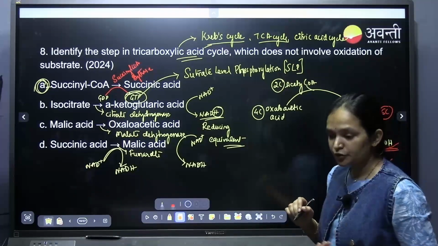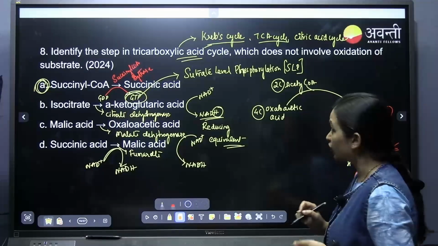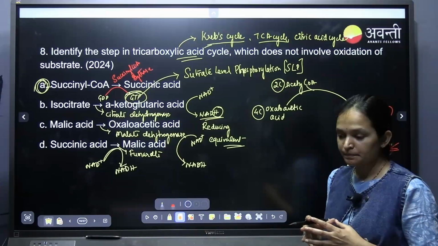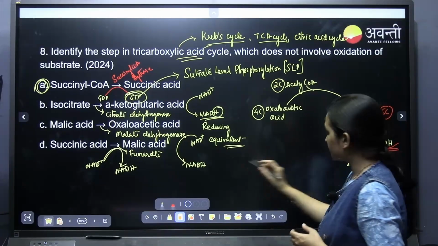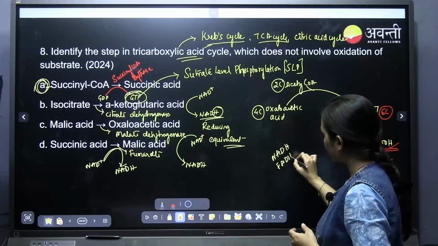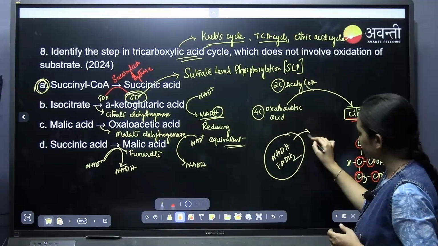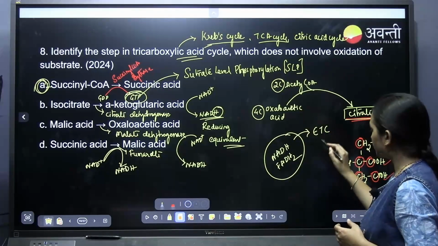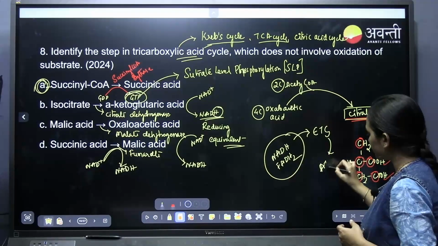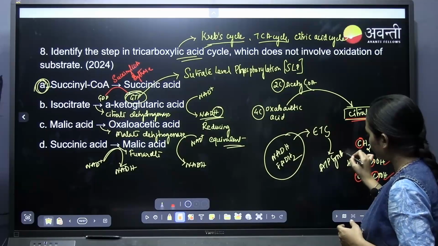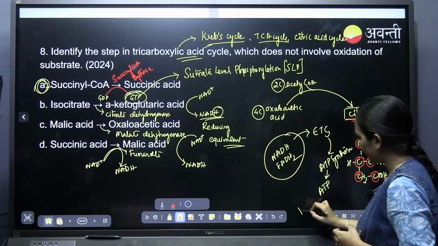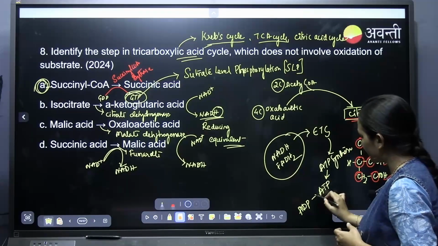The third type is oxidative phosphorylation. What do you mean by oxidative phosphorylation? At the end, all these reducing equivalents are there, NADH, FADH2. When these enter the ETC, electron transport chain or electron transport system, whatever you call it, at the end, with the help of ATP synthase, ADP will be converted into ATP.